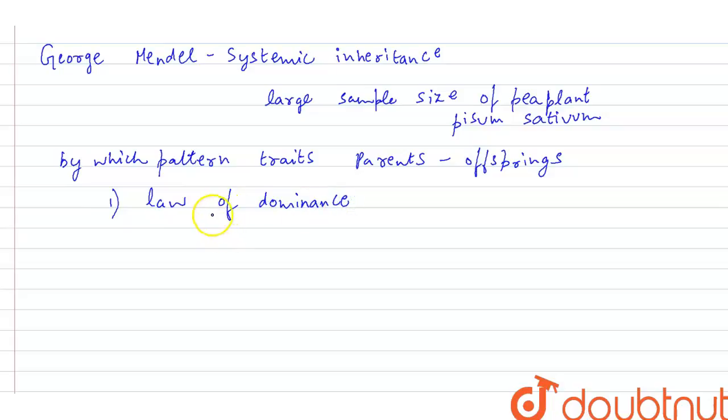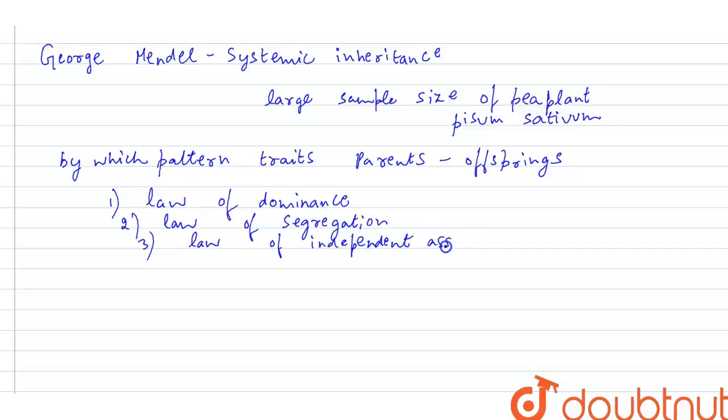The second was the law of segregation. And the third was the law of independent assortment. So these laws were of great value at that time, and there were various studies based on these laws. So these were the laws of inheritance given by Mendel.